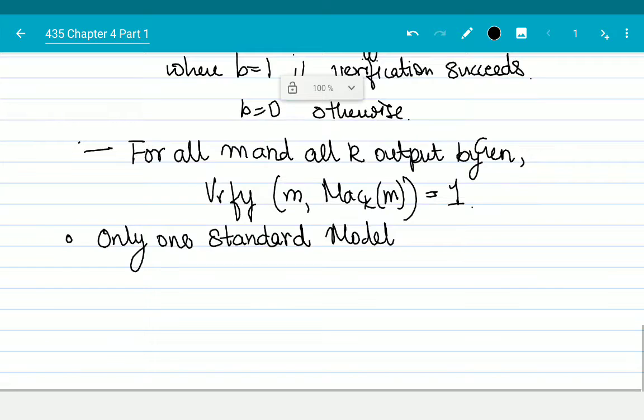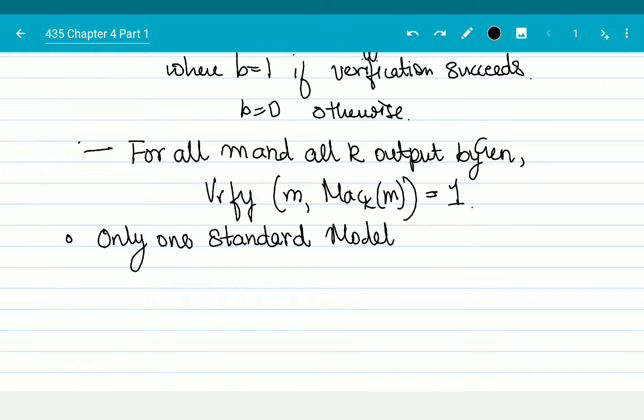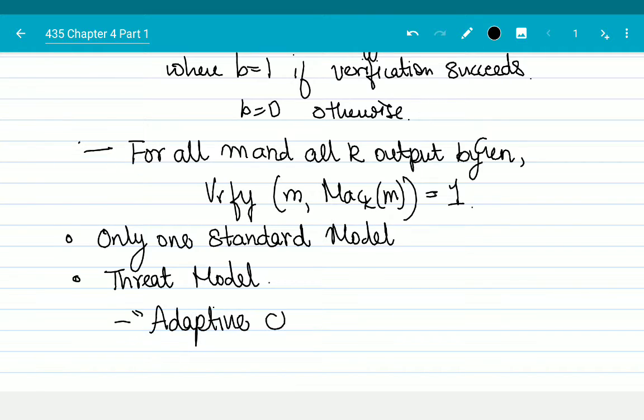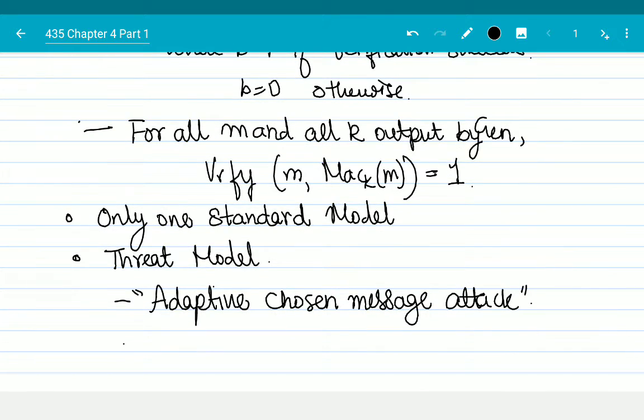Maybe in the future someone might say, hey, here's another model. I don't know, but there's a model. And what's the threat model? Here's the threat model. It's called the adaptive chosen message attack. What does such an attack entail?